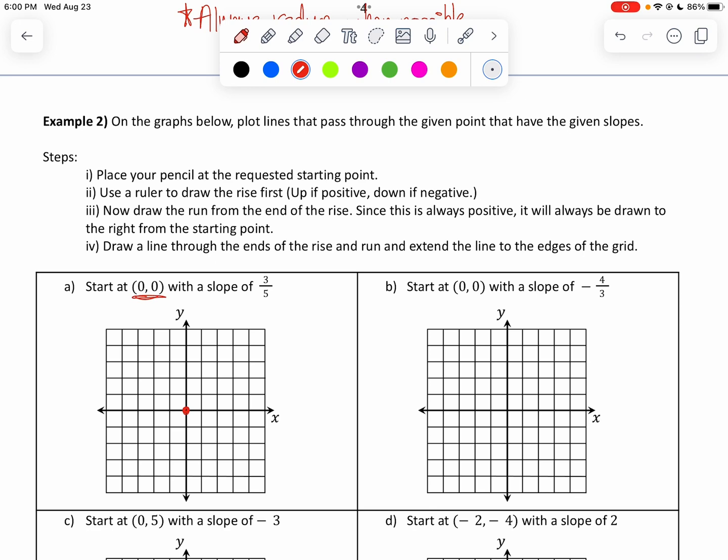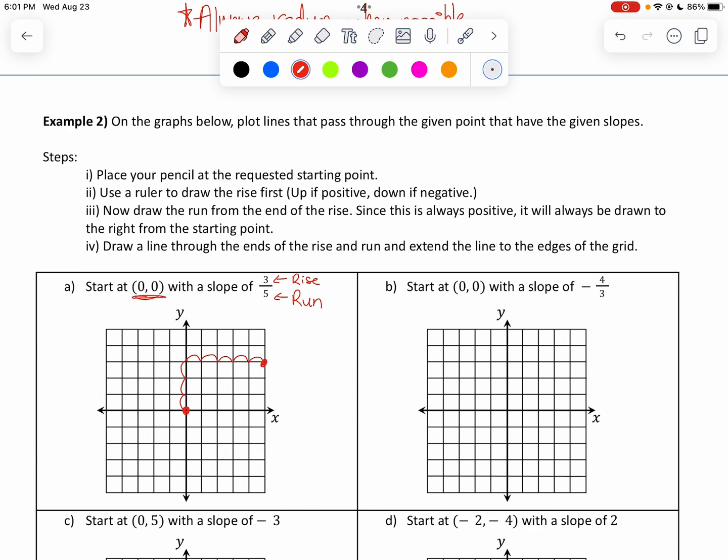From there, we have a slope of 3/5. Remember, 3 tells us our rise, 5 tells us our run. So from this starting point, I'm going to go up 1, 2, 3, given that 3 is positive. Then I need to go to the right by 5. 1, 2, 3, 4, 5, and plot a point.